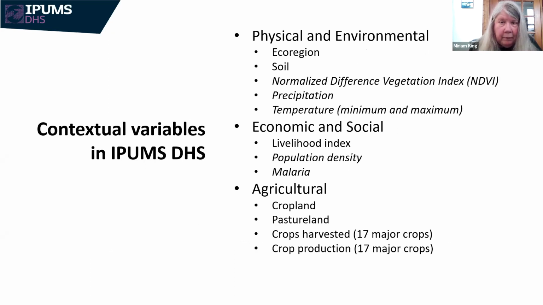There are also some value-added things in IPUMS DHS. Someone was asking about the GPS points and contextual variables. My colleague Sheila Sarker, who's going to be speaking soon, has created contextual variables on topics related to the physical environment, the climate, economic and social characteristics, and agricultural characteristics.